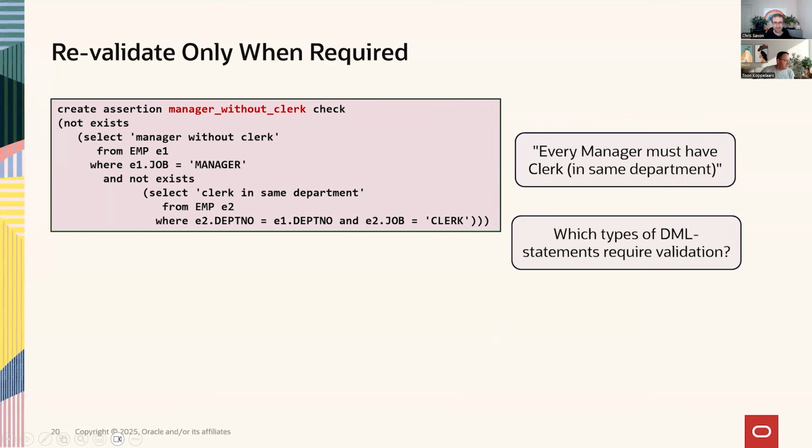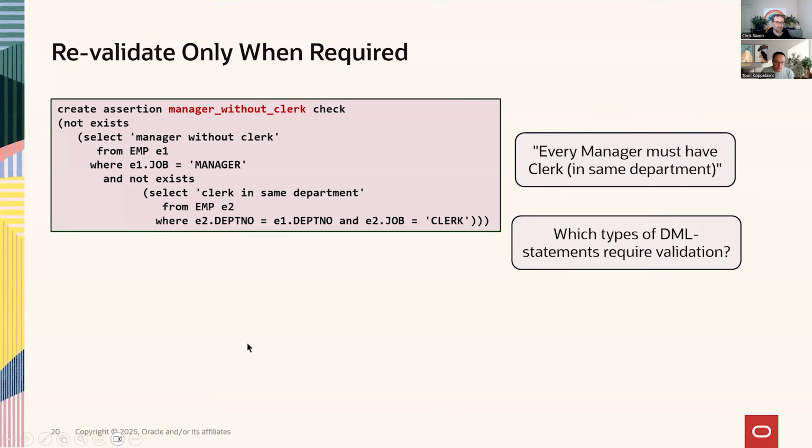Let's look at inserts first. If I insert a trainer, would I then have to revalidate this SQL assertion? Well, obviously not, because trainers are totally not related to this SQL assertion.